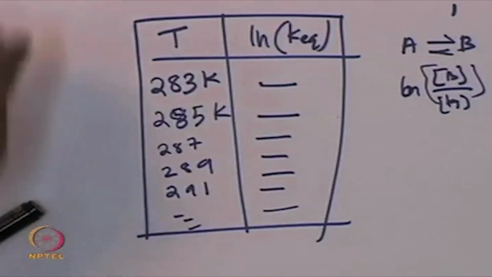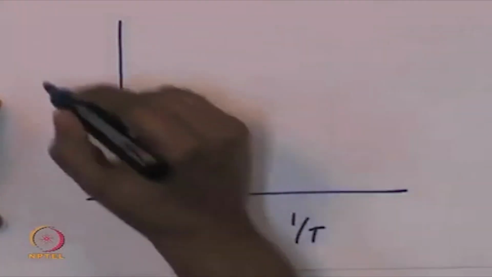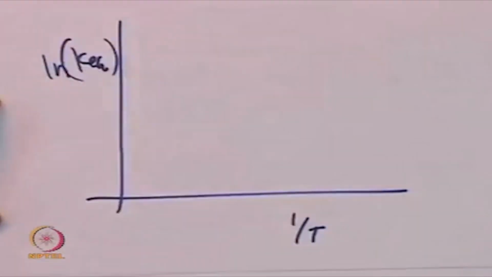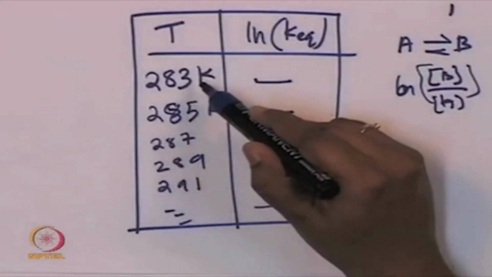The graph is, let us say, 1 over temperature versus ln k equilibrium. Let us see what this graph gives us. As we know, T is 283 for the first temperature we did.